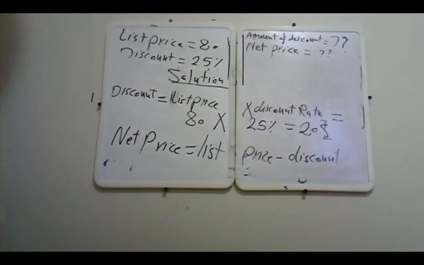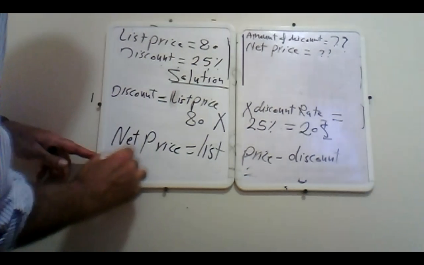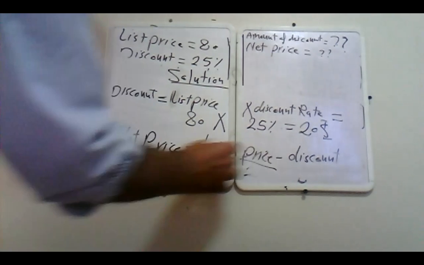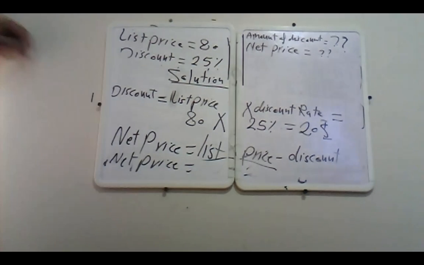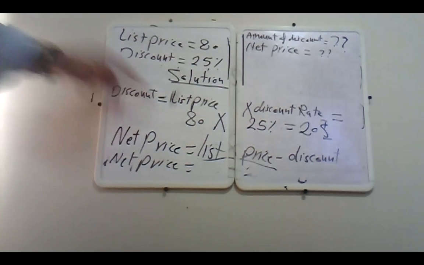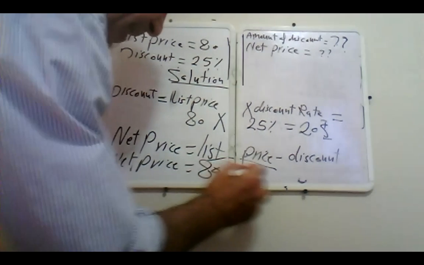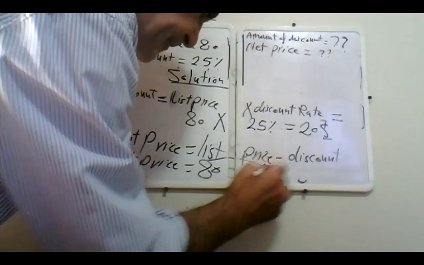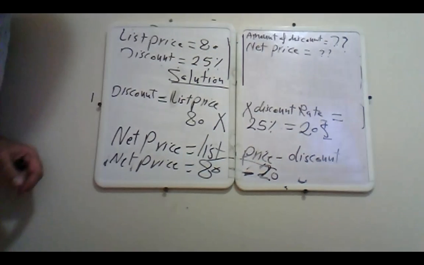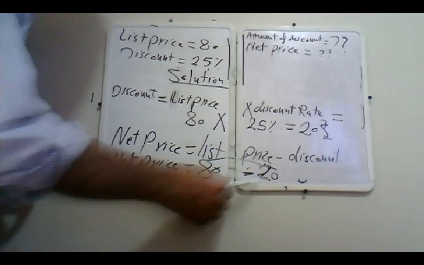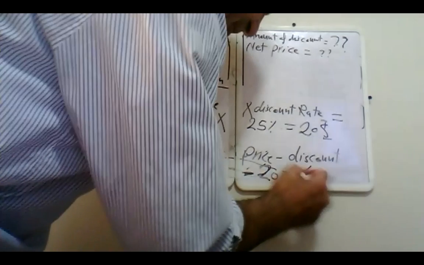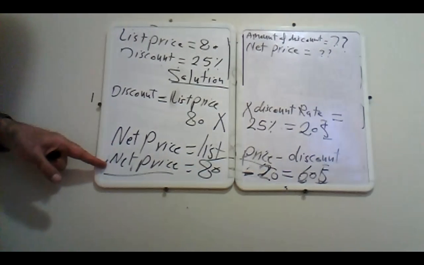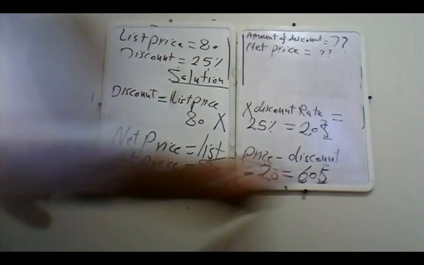So the net price equals, what about the list price? The list price is $80 minus the discount, $20. That will make 80 minus 20 give me $60. So the net price, the price which you really pay, will be $60.